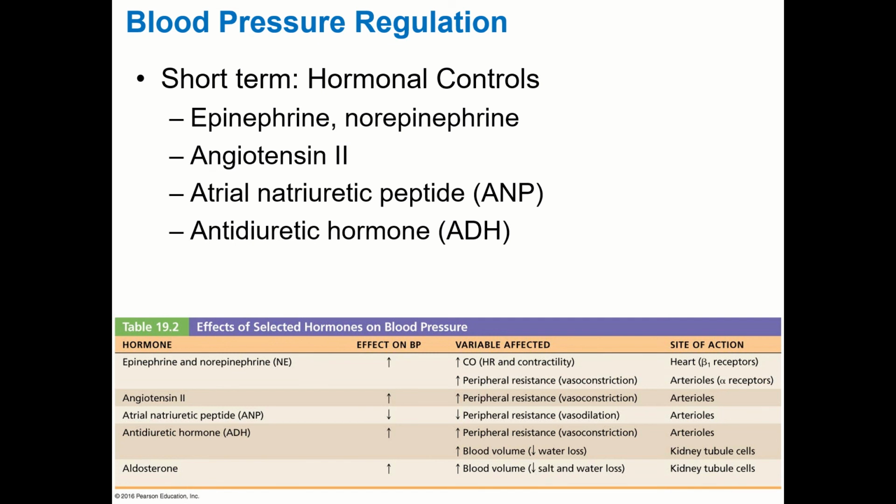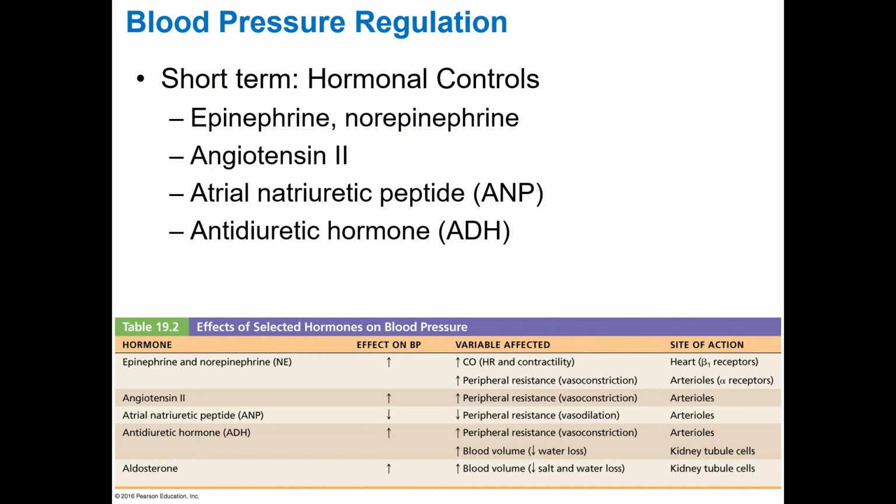And so antidiuretic hormone has an effect back on the kidneys, where it causes the tubules, more specifically, in the kidneys to constrict. And so by doing that, we hang on to more of the water that's flowing through the kidneys to try to keep our blood volume up. And then aldosterone is going to stimulate the kidneys to hang on to more sodium. When we hang on to sodium, that's going to pull water with it, as we've discussed before.